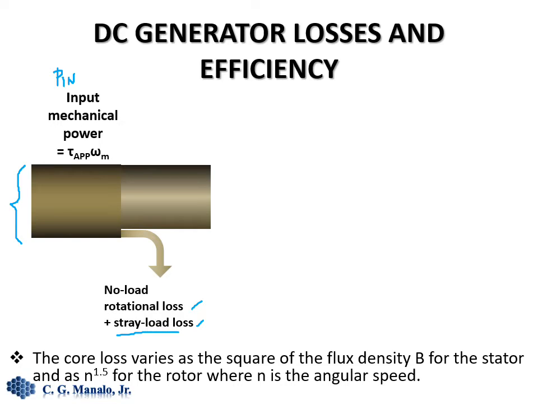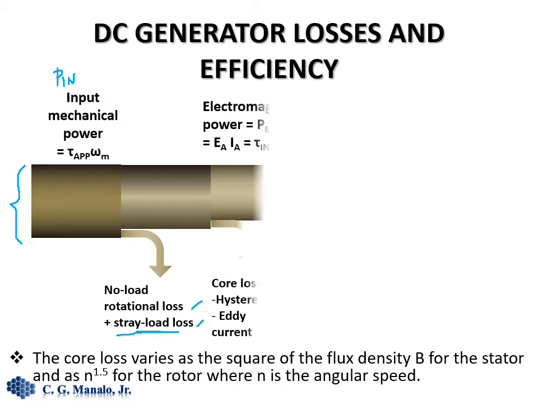Okay, so P sub in less these mechanical losses, that is the power that goes through the generator and comes out of the armature circuit.